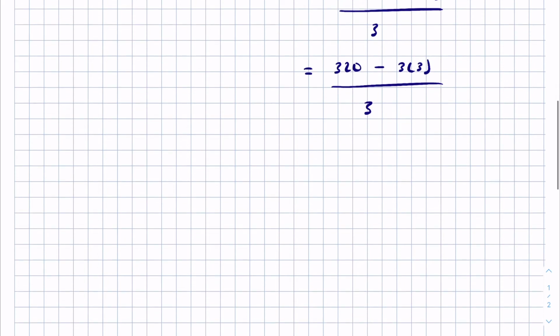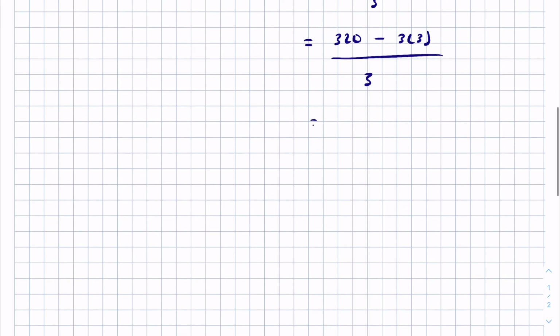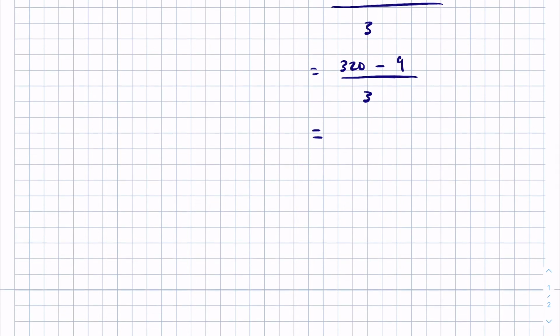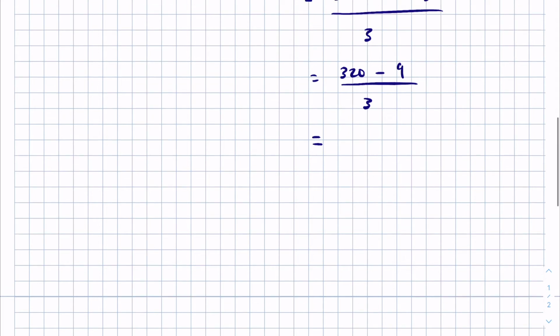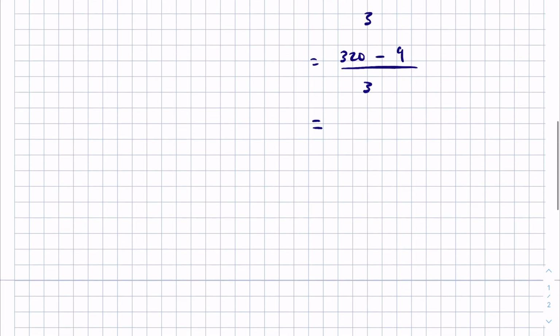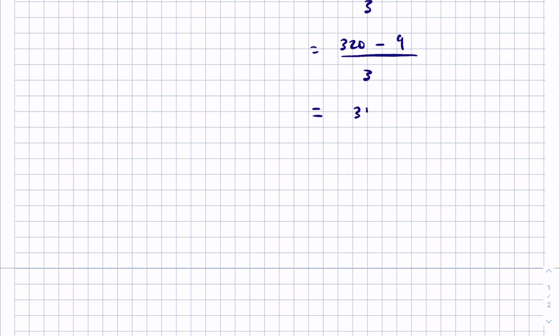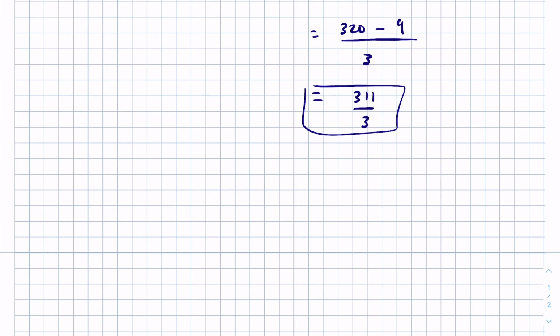And then finally, we evaluate 3 times 3, which we know is 9. So 320 minus 9, divided by 3, which then gives us 311 divided by 3. And then we have our final result right there.